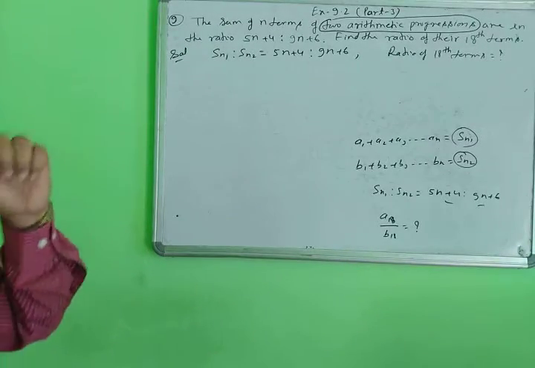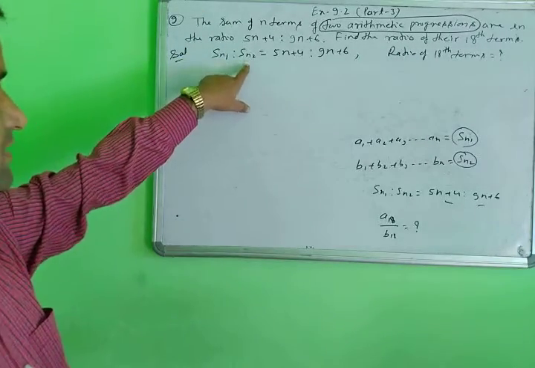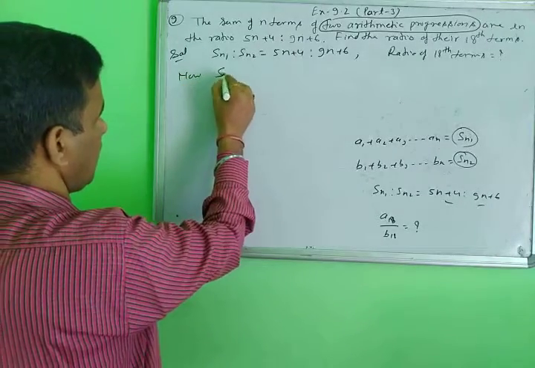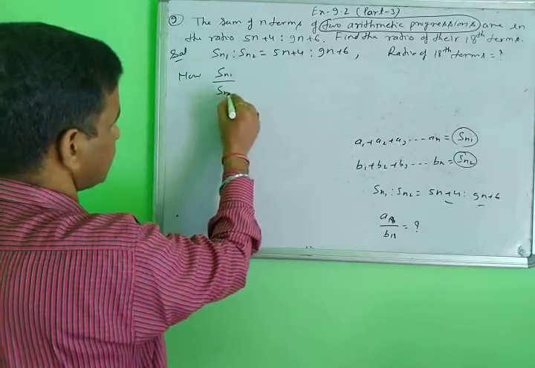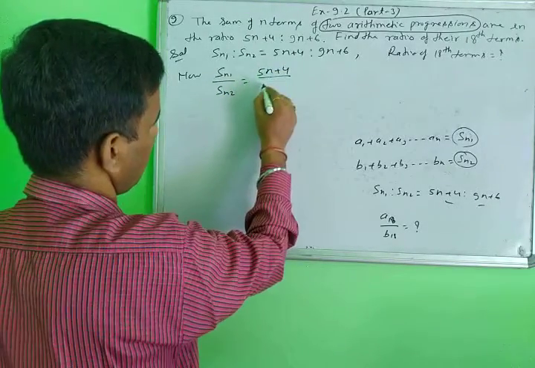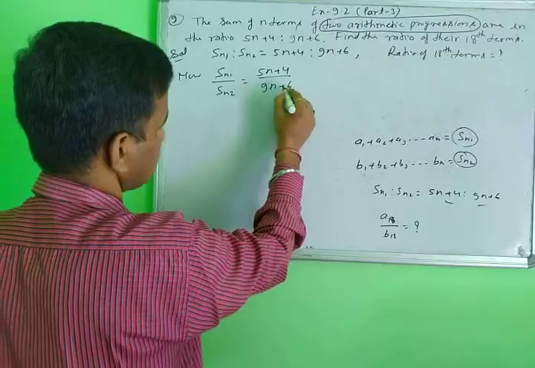So now first of all mention it this way: Sn1 upon Sn2 equals 5n plus 4 upon 9n plus 6.